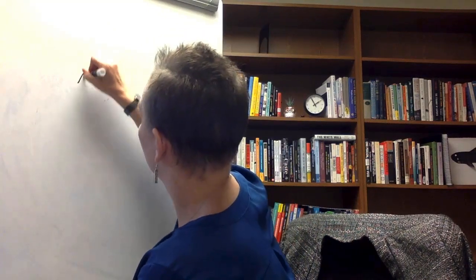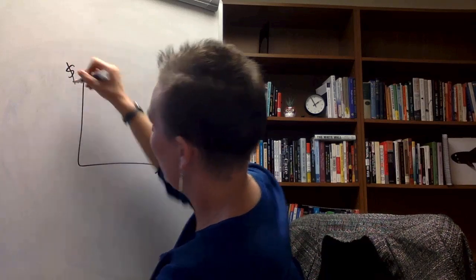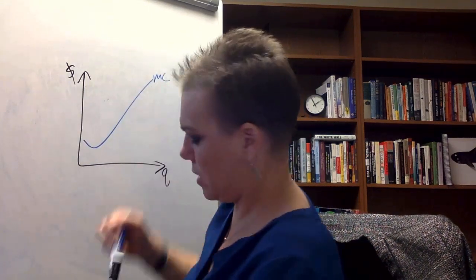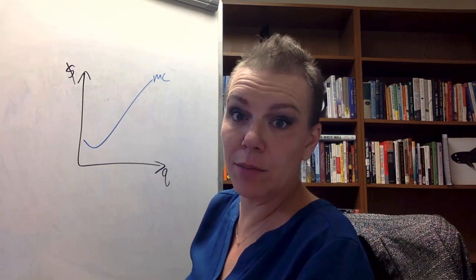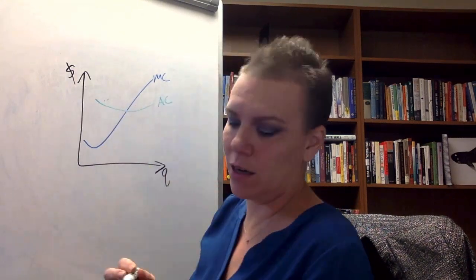The other characteristics of a monopoly, there's no supply curve. There's only one firm. So if you look at the monopolist, they're going to have the same characteristics as any other market with respect to having a marginal cost curve that looks like that, and in most cases an average cost curve that looks like that.